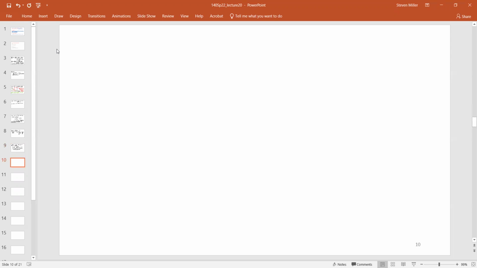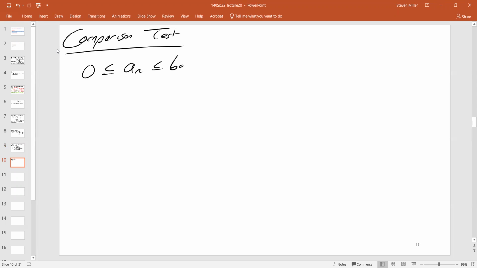So the next, have we talked about the comparison test? All right, so if I have 0 less than or equal to an less than or equal to bn, and the sum of bn, n goes from 1 to infinity, converges, so does the sum, n goes from 1 to infinity, of an.